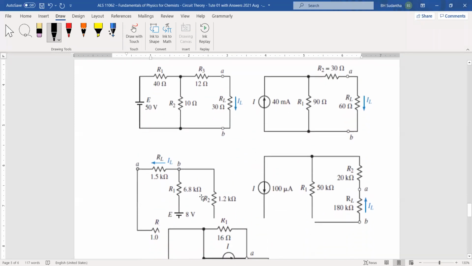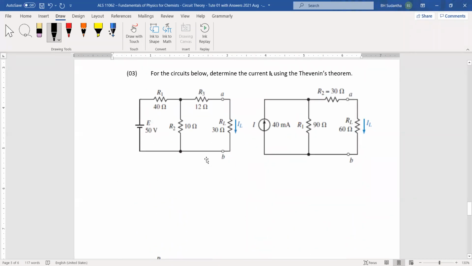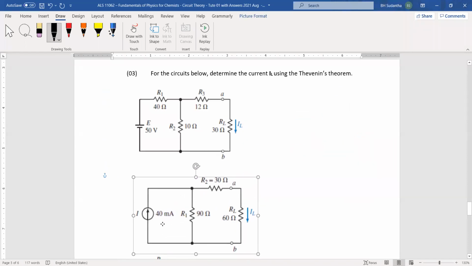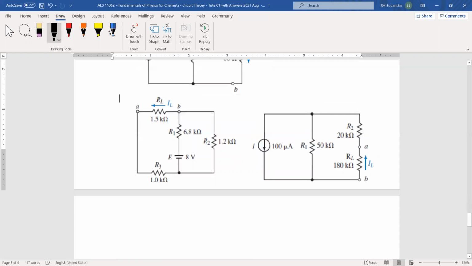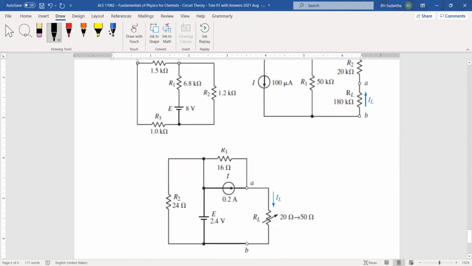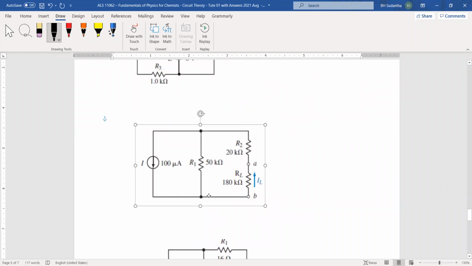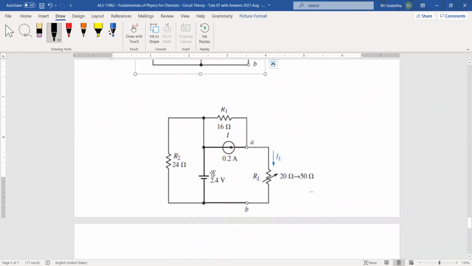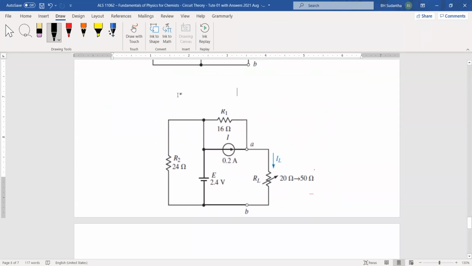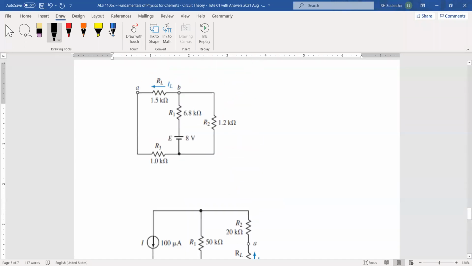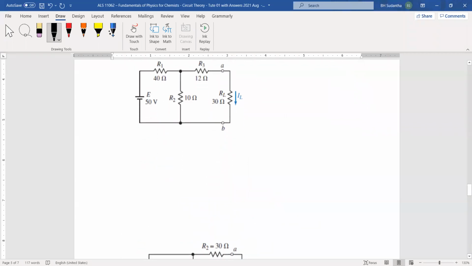Okay, now we can try these ones. Okay, shall we try these things using Thevenin's theorem?